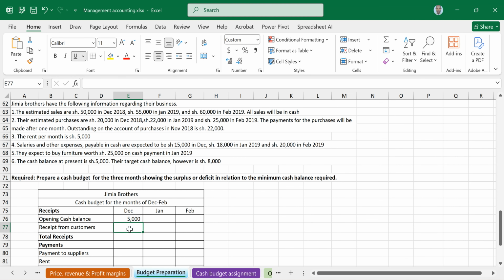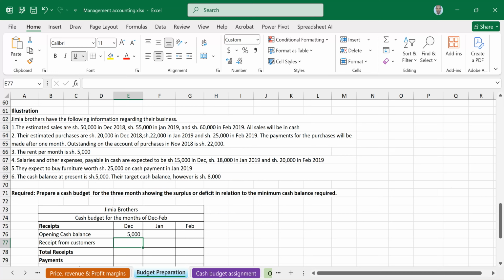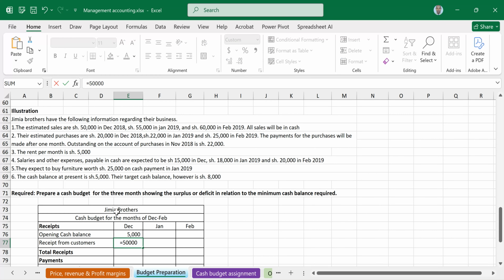Then receipts from customers, that is sales. Additional information number 1: sales are 50 in December 2018, 55 in January 2019, and 60 in February 2019. So sales in the month of December, all of which were in cash, are 50,000, and you can just write 50,000.